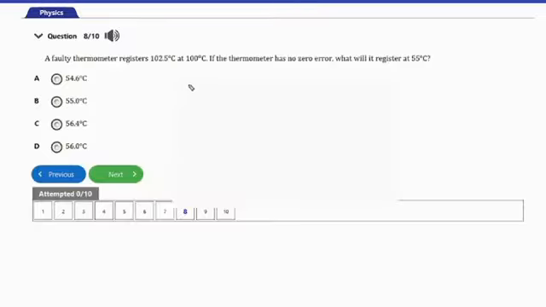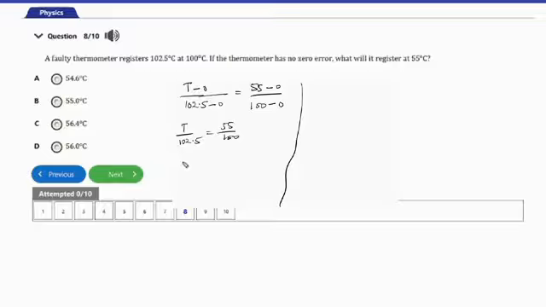So guys, for this question, we are still going to have that the temperature, let's say T here, minus 0 over 102.5 degrees Celsius minus 0 is equal to the 55 degrees Celsius here minus 0 over 100 degrees Celsius minus 0. So guys, that means the temperature over 102.5 is equal to 55 over 100.